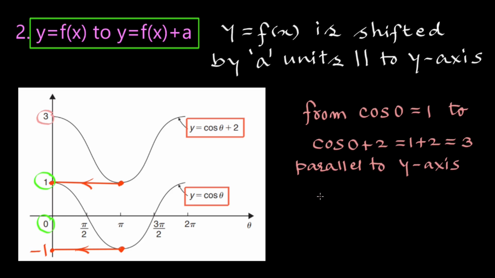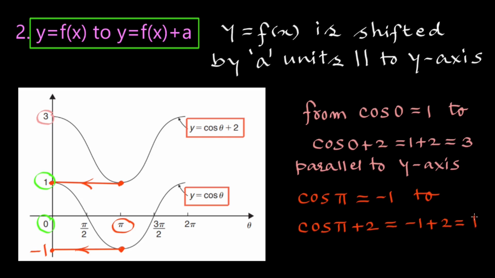Similarly, transformation of cos pi here, which is minus 1, to cos pi plus 2, minus 1 plus 2, that is 1, happens parallel to the y-axis. In the first case, the point moves 2 units upwards from 1 to 3, and in the second case also the point moves 2 units upwards from minus 1 to 1.